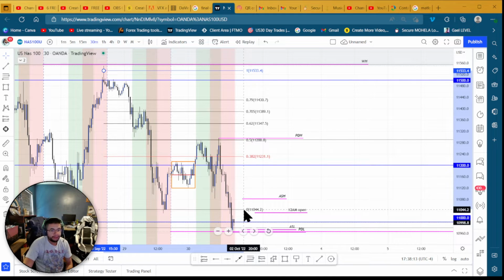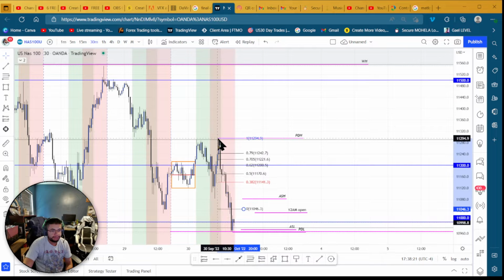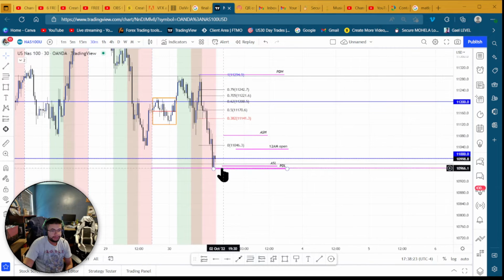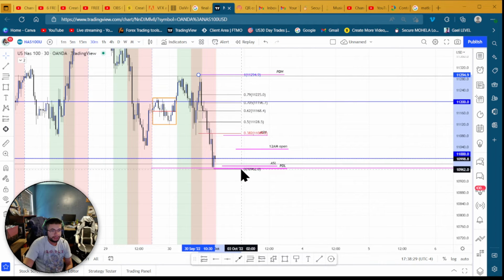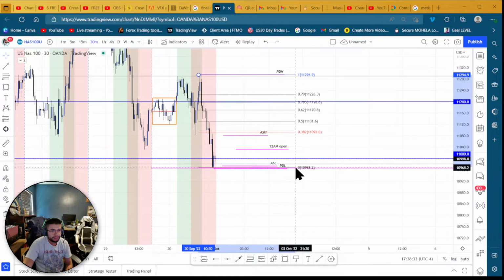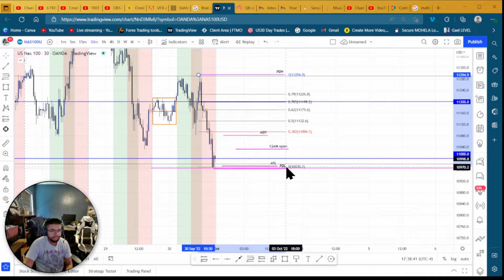Now, with that being said, let's move this fib to this high, to this low, because that's the most recent impulse. We'll just extend it out.